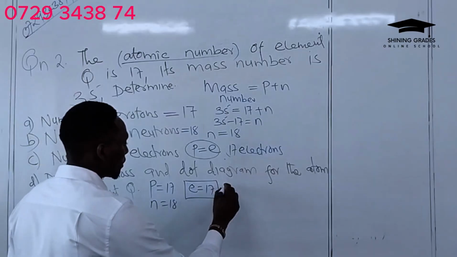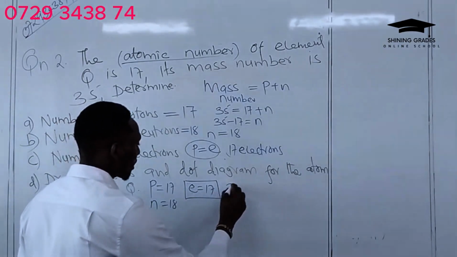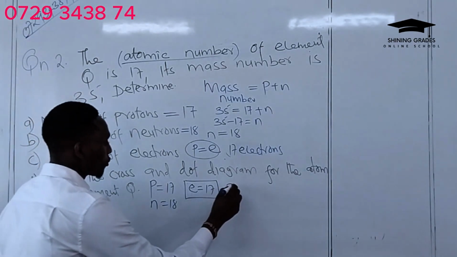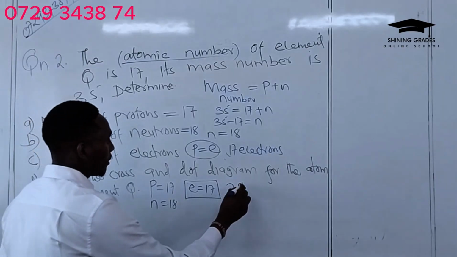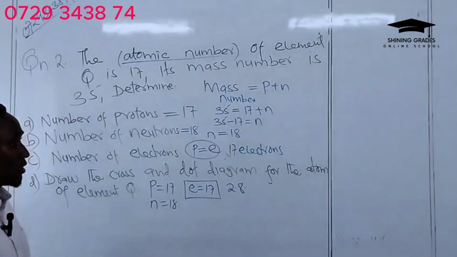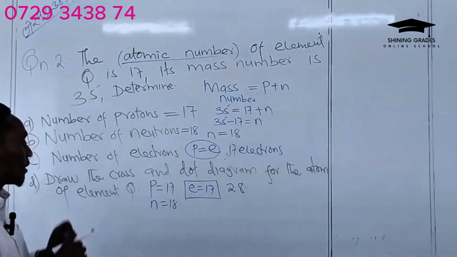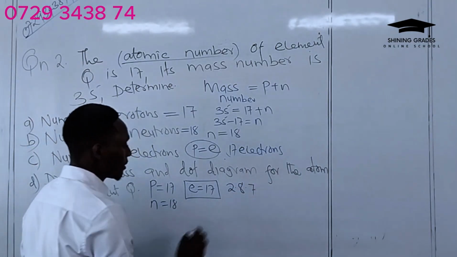The first energy level carries a maximum of 2 electrons. The second carries a maximum of 8, those are 10. And the third also carries a maximum of 8 for elements whose atoms have less than 21 electrons. So in this case, we have 2, 8, 7.